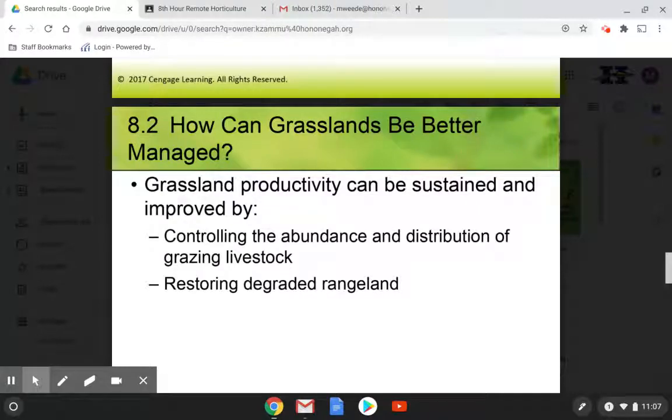So again, if we control how much grazing livestock, let's say cows or different cattle, are allowed to feed on the grasslands, making sure we don't do too much, it's kind of that idea of the tragedy of the commons. Making sure that those grasses can grow back to a healthy level.